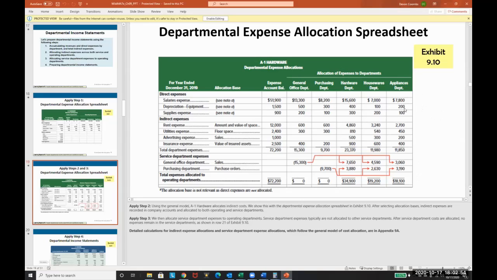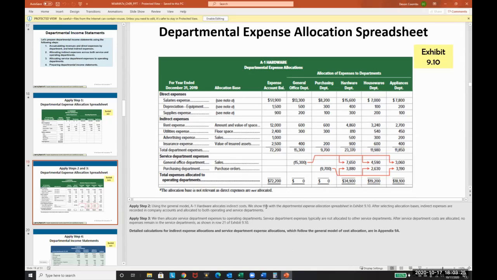As an accounting team, you are never going to make a profit for a company unless it's an accounting company that sells accounting services. So we need to allocate some of those costs to the profit centers to see if they are still profitable after we allocate those costs. What we've done here is we've taken the total amount and allocated it to each one of these based off of a certain allocation model.